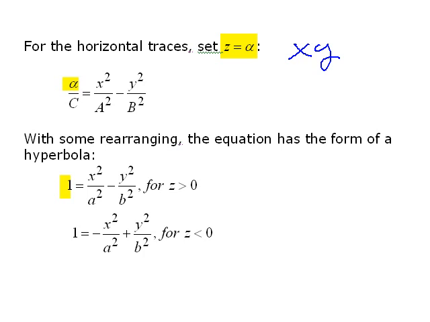Now, if z is greater than 0, you'll get the negative sign in here as was written in this case. If z is less than 0, the negative sign will end up being out here. This will become positive. And that's how you get that set of hyperbolas for this hyperbolic paraboloid.